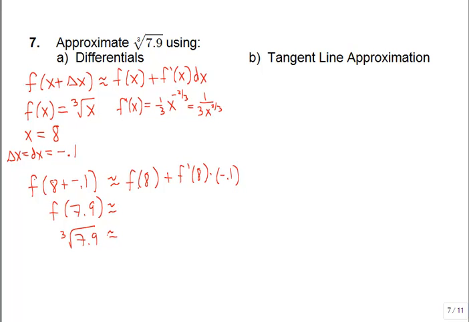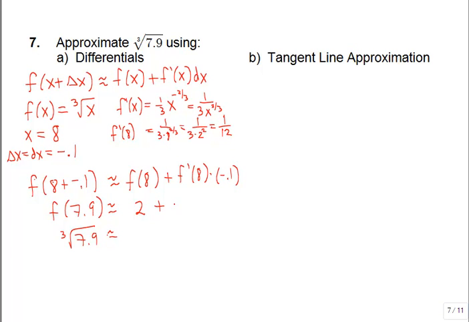So what is f of 8? Well, we go to our function, which is the cube root function. Cube root of 8 is 2, so this will just be 2. Now we need to know the derivative at 8, so I've got to plug in 8 up here. So this would be 1 over 3 times 8 to the 2/3. Now 8 to the 1/3 is cube root of 8, which is 2, but I have that square on there, and 2 squared is 4, 4 times 3 is 12.